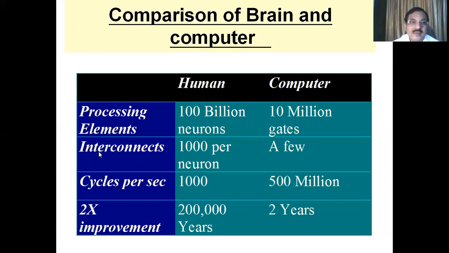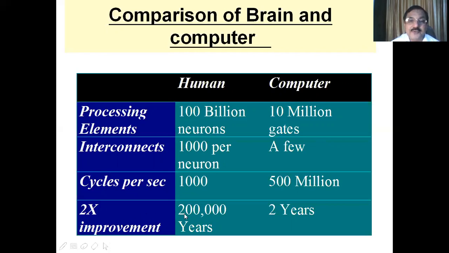Regarding interconnects, one neuron can connect to thousands of other neurons, the high connectivity in the neurons, and we will later see how these are connected. In the case of a computer, only a few gates are connected. Cycles per second, here it is 1000 cycles per second, but here it is 500 million, very large.